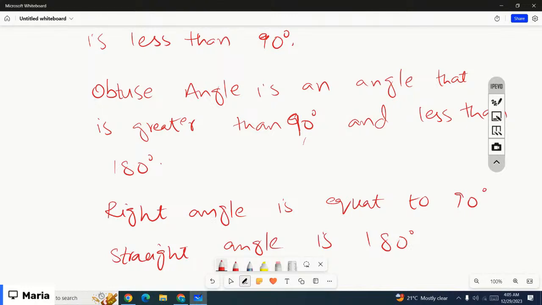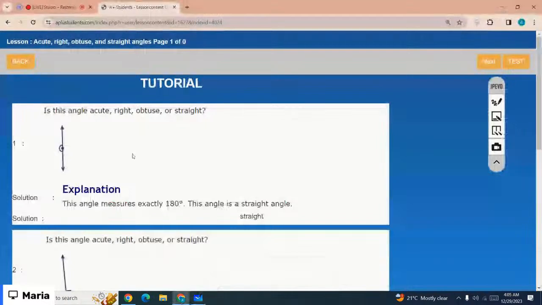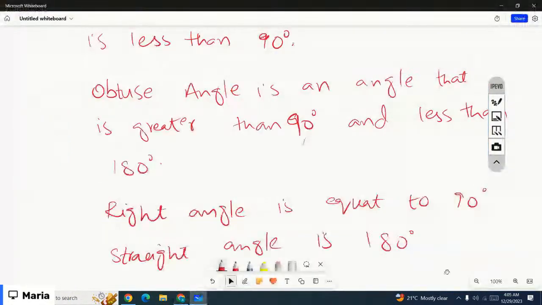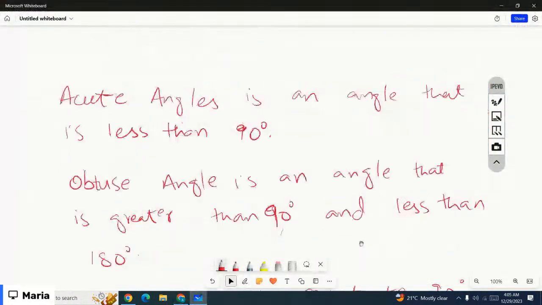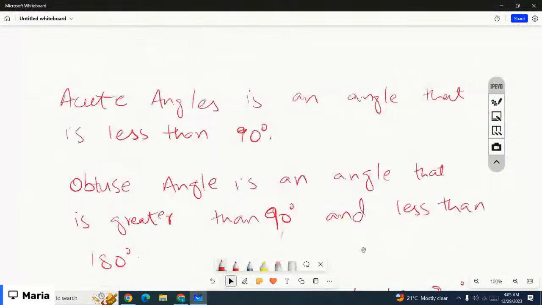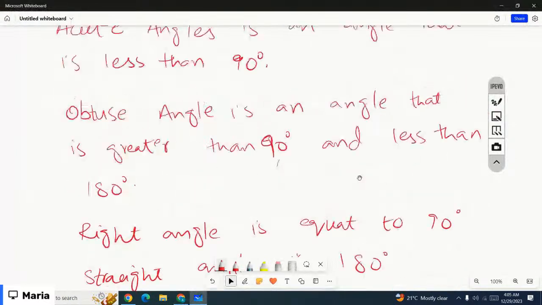Now let's start with the lesson. Keep these definitions in your mind. Let me draw how they look. A right angle is exactly 90 degrees. It is like this.